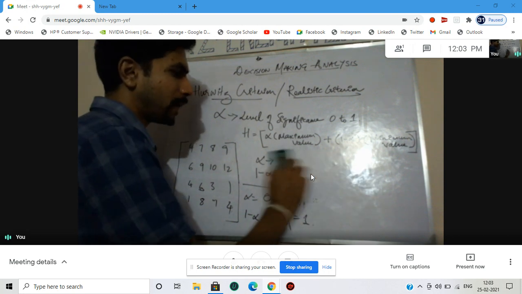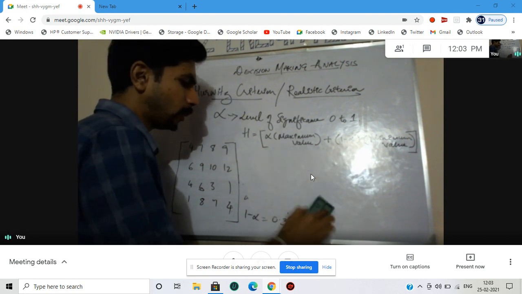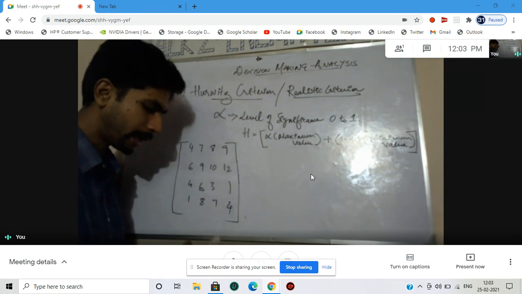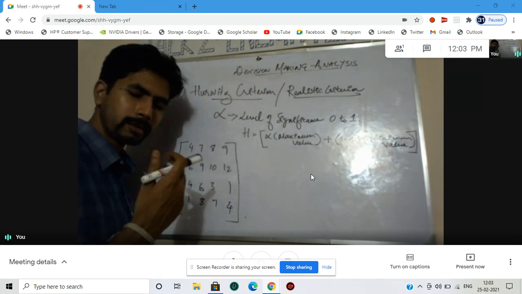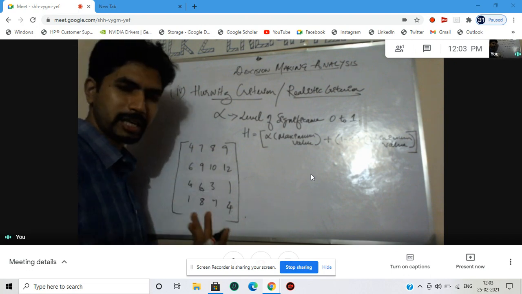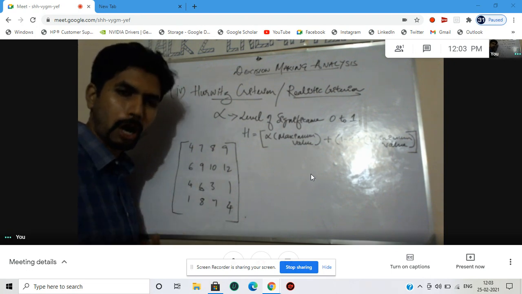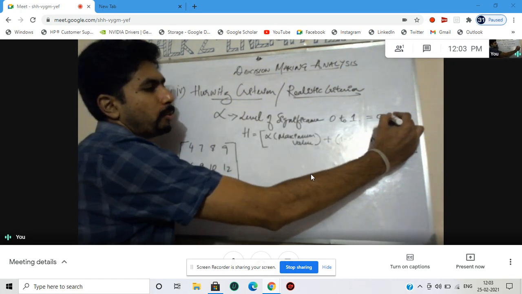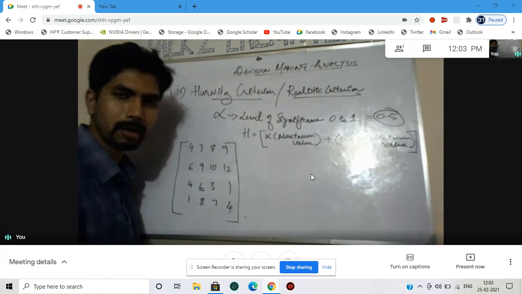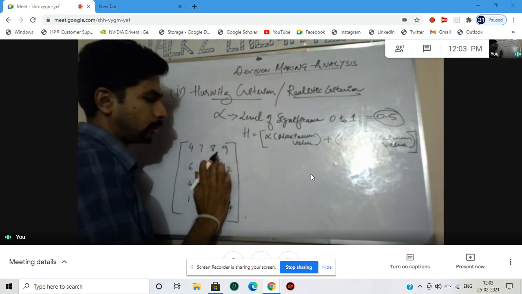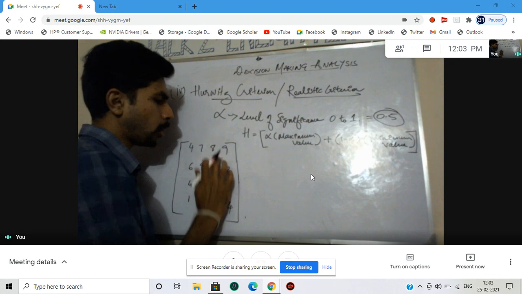So with that, we proceed further and see how the procedure works. The formula is alpha into maximum value plus 1 minus alpha into minimum value. Again, do the same concept for all the rows. Let me say that the alpha value is not given, so I consider alpha as 0.5 for this problem. Now I will go to the first row.